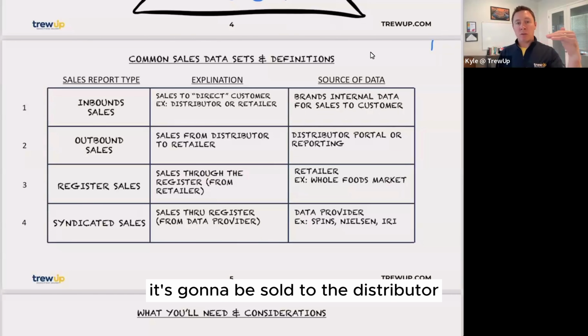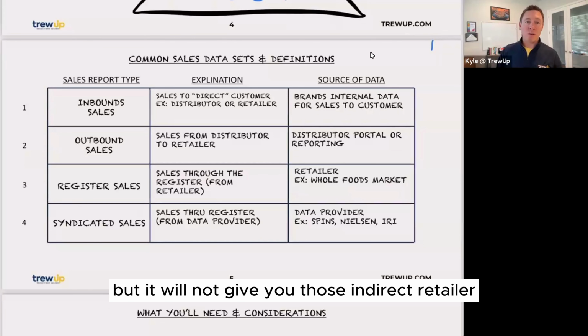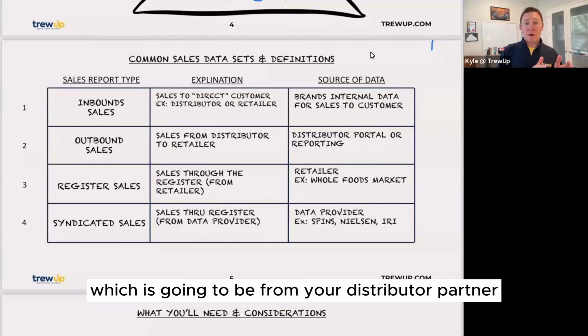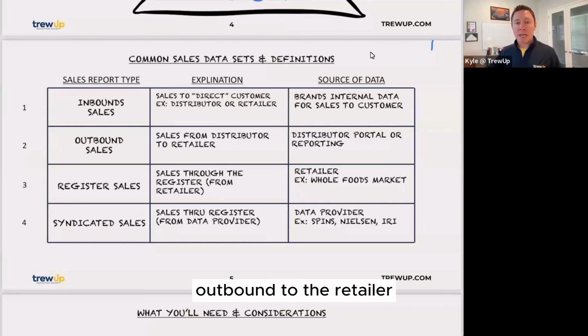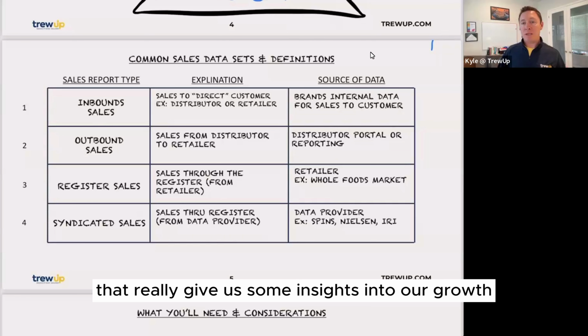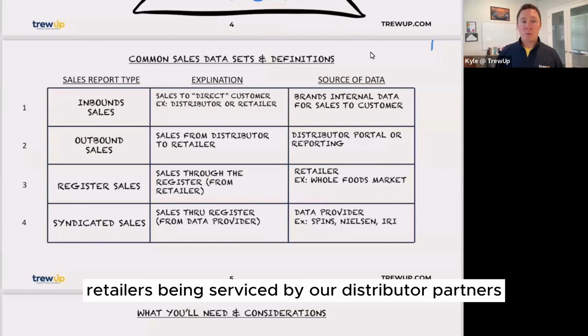It's going to be sold to the distributor, but it will not give you those indirect retailer data points. You then have outbound sales data, which is going to be from your distributor partner outbound to the retailer, and that gives us those indirect retailer data points that really give us some insights into our growth with those retailers being serviced by our distributor partners.